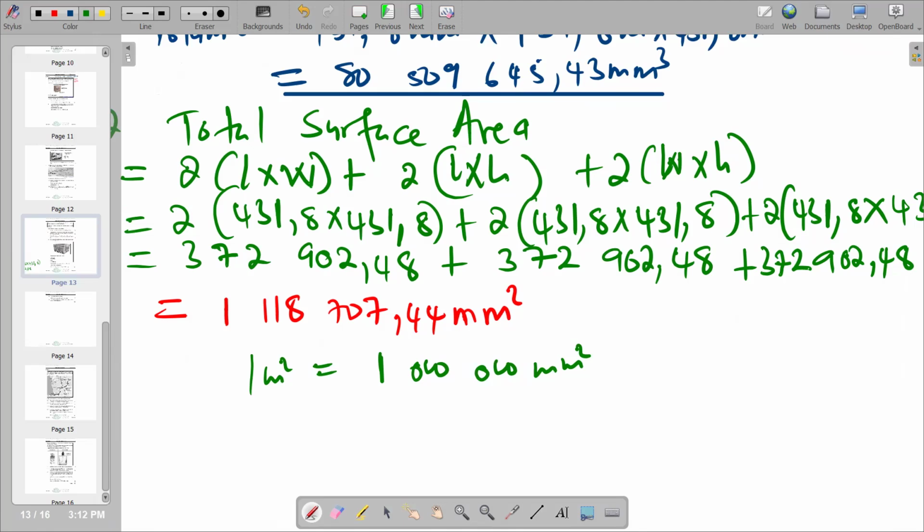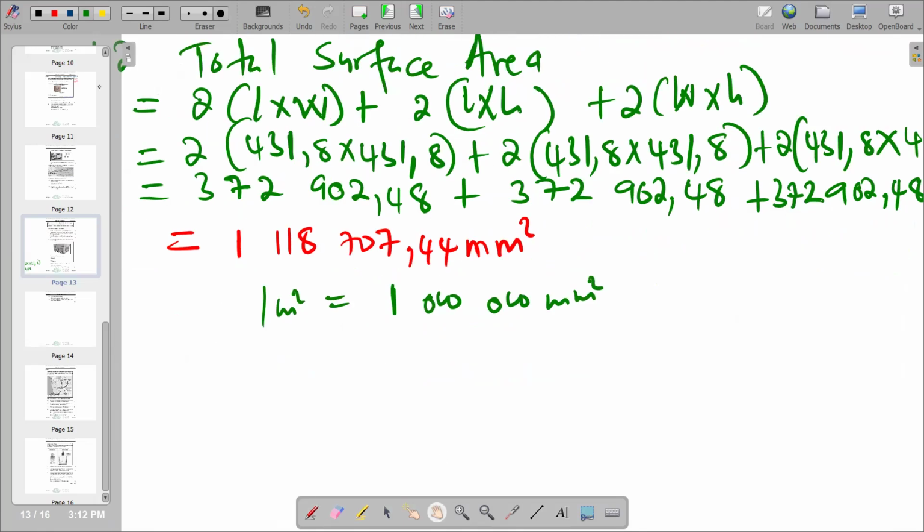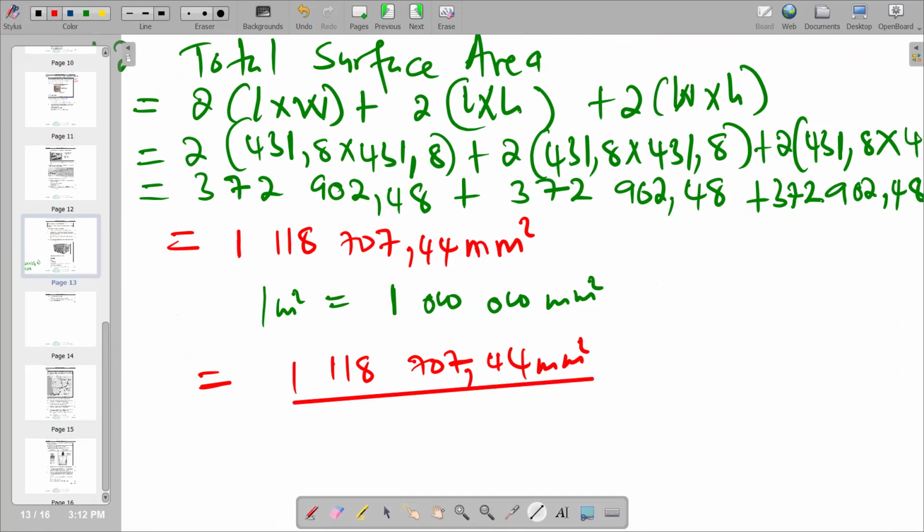To convert, we divide this figure, 1,118,707.44 millimeter squared, by 1 million.